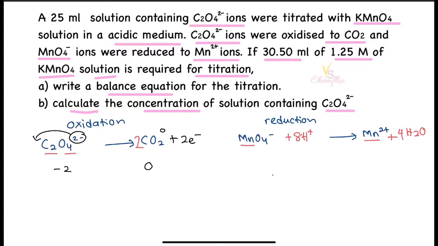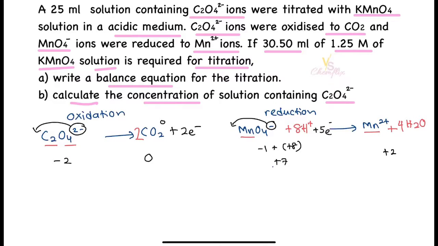However, the charges are not balanced. The charge before the reaction would be -1 plus +8, giving a total charge of +7 on the left, and on the right, there is a total charge of +2. Therefore, in order to balance the charges, 5 electrons must be added before the reaction.